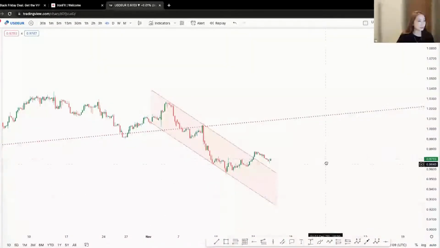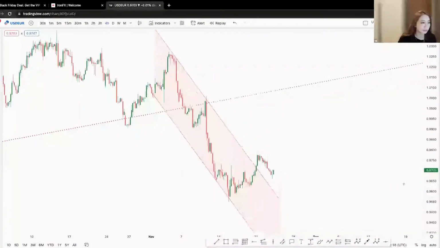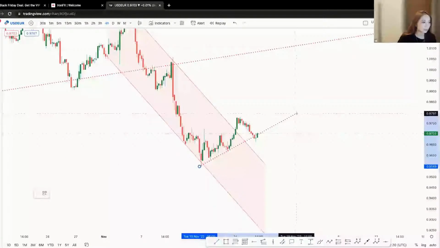Okay, so previously was a pretty steep downward channel. It looks like price has actually gone up a fair bit, and then we can see a slight upward move.